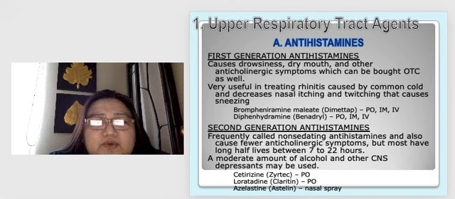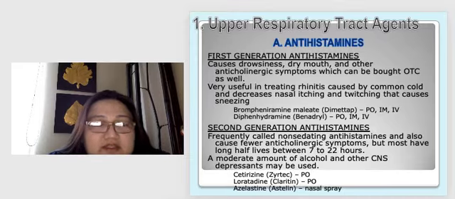Now, there are two generations of antihistamines. The first generation antihistamines causes drowsiness, dry mouth, and other anticholinergic symptoms. Mabibili ito over the counter, which is totally the opposite of second generation antihistamines dahil non-sedating antihistamines siya. It also causes fewer anticholinergic symptoms and most of it have long half-lives, which is between 7 to 22 hours.